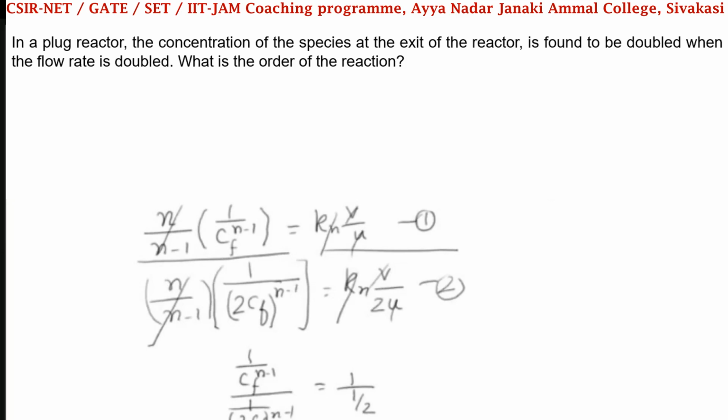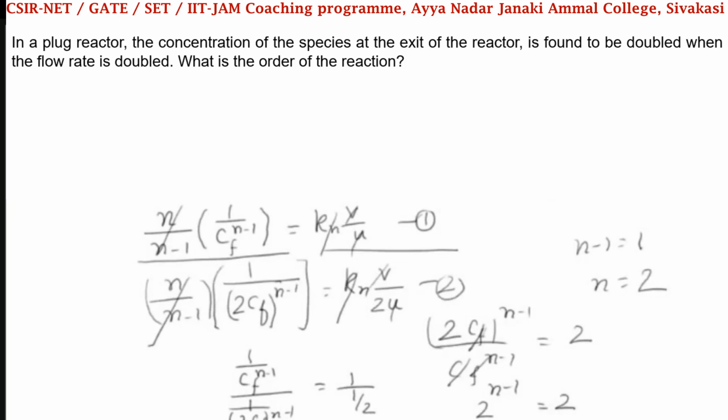Now you can easily see this equation can be changed to 2Cf power n minus 1 by Cf power n minus 1 equal to 2. The Cf cancels, and 2 power n minus 1 equals 2. Therefore, n minus 1 is equal to 1, so it is second order kinetics. Thus, you can easily work out this. Okay, with this, we stop this session.